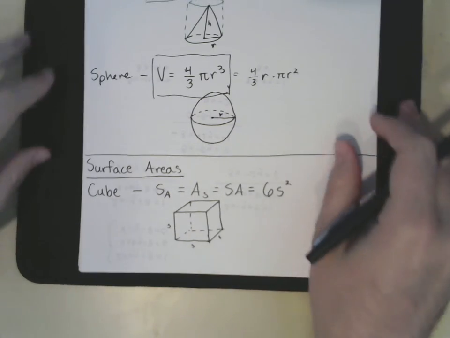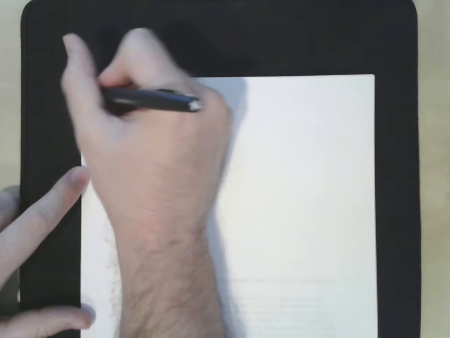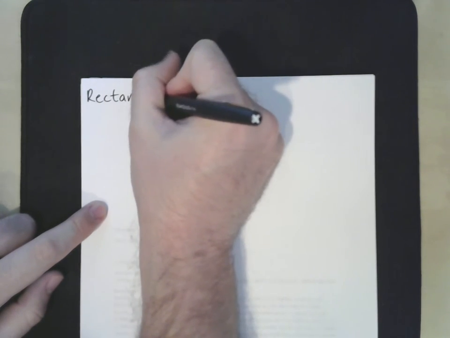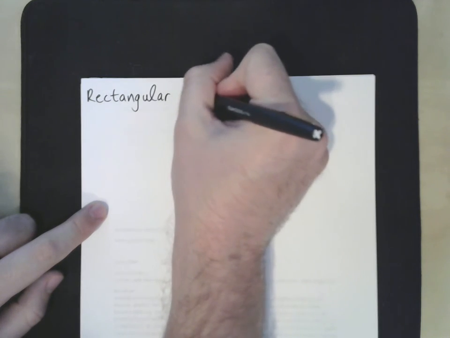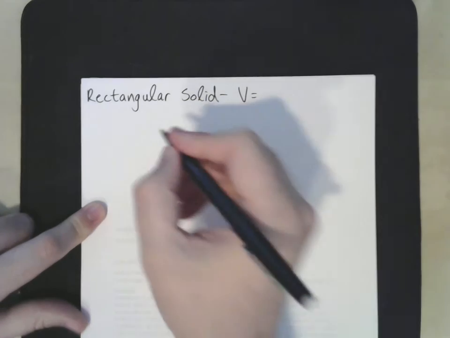So if we take this and think about a rectangular solid now, slightly different because rectangular solids, we don't have the same sides. So for a rectangular solid, we'll actually construct the formula together here.